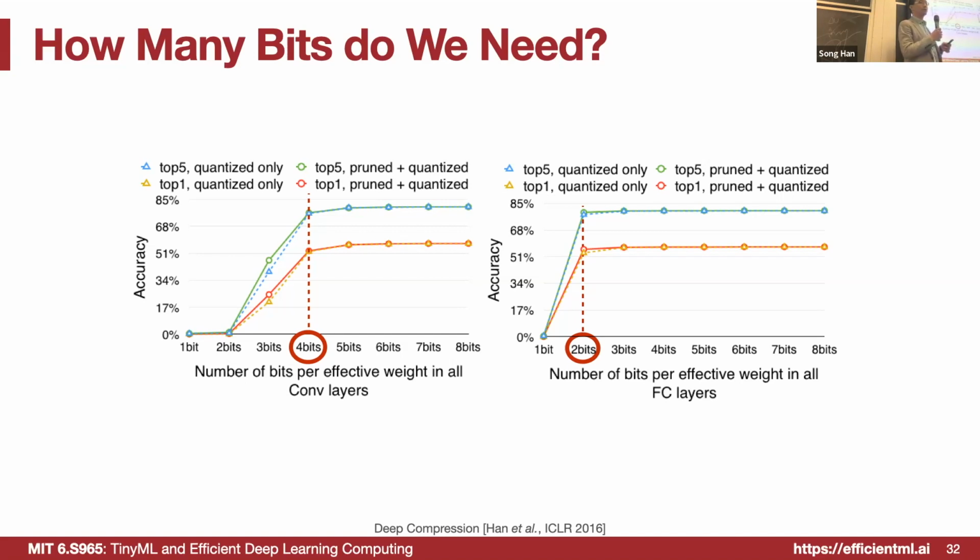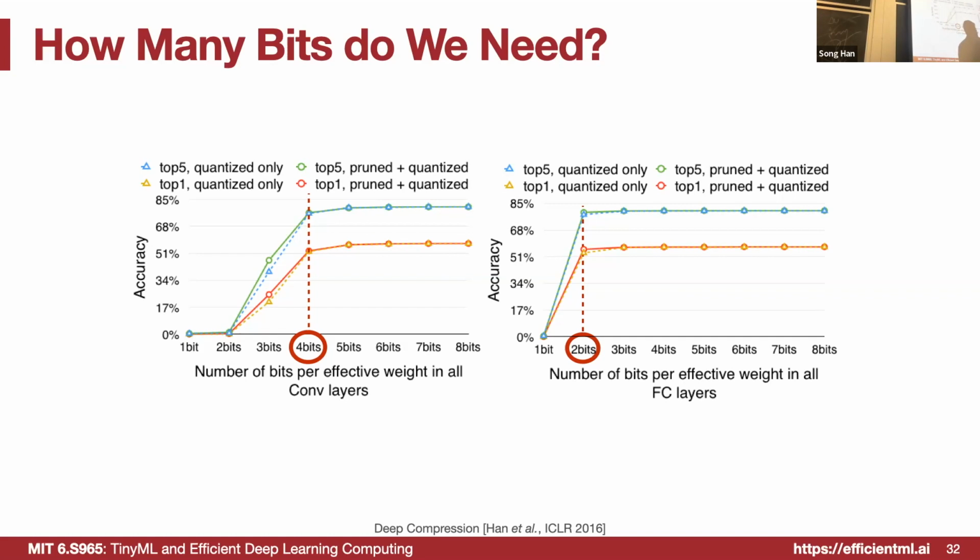Actually, we can combine pruning and quantization, which gives very similar results. This yellow versus this red are almost overlapping, showing that even after pruning, we can still quantize to a similar number of bits, above 4 bits. Below 4 bits, quantized only and pruned plus quantized start to differ a little. But in general, at 4 bits, we lose very little accuracy.